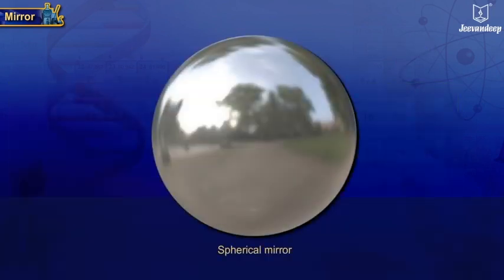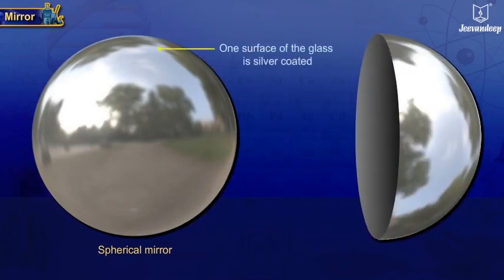A spherical mirror is a part of a spherical reflecting surface, generally made of glass. One surface of the glass is silver coated. Its cross section is an arc of a circle.